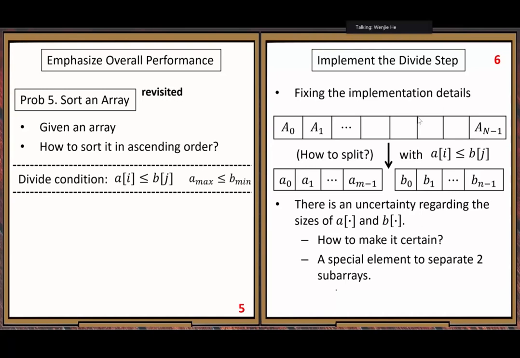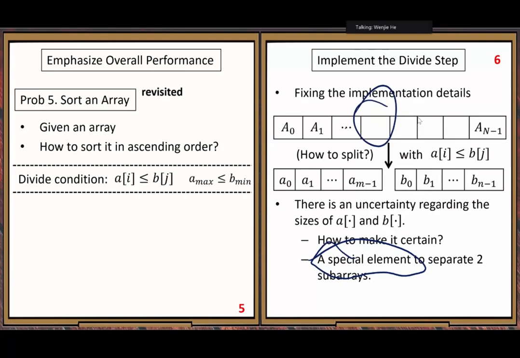So the smart way is like that. We try to find a special element to separate the two subarrays. This is the key point: a special element to separate. A special element somewhere inside the original array.